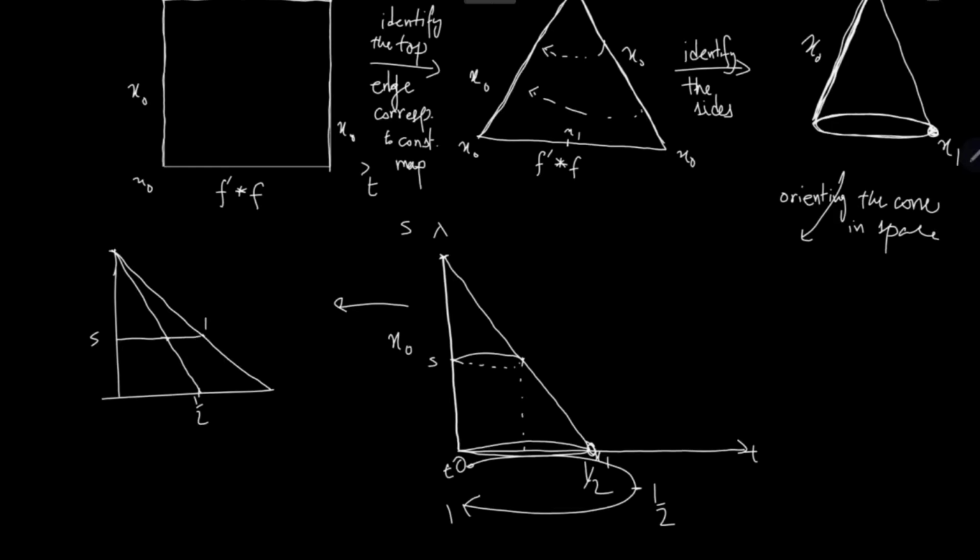This point would be 1 minus S, right? This would be half of that. So this will be half minus S by 2. Yeah. So this is up to where we go, and then we stop here, and then we start again going back this amount of time.